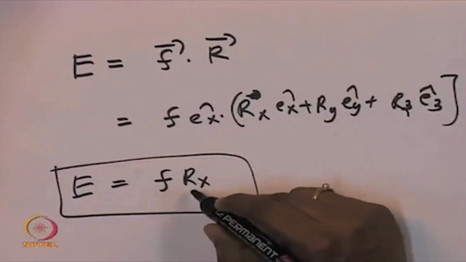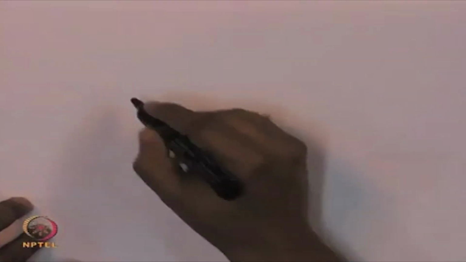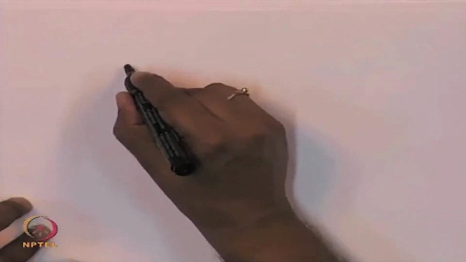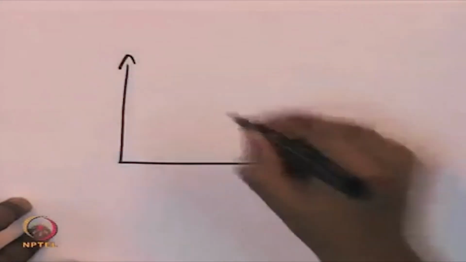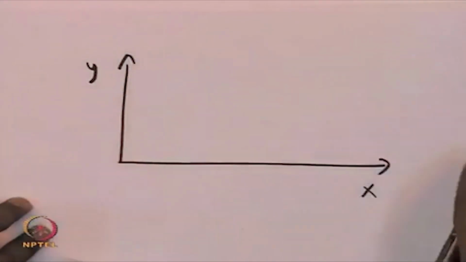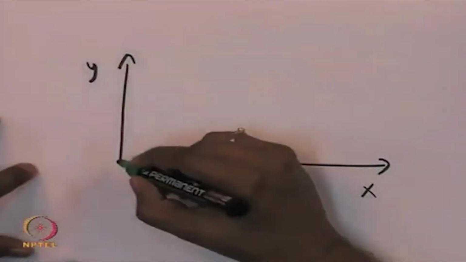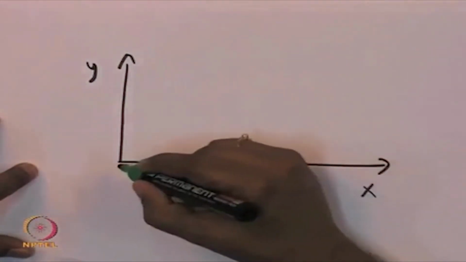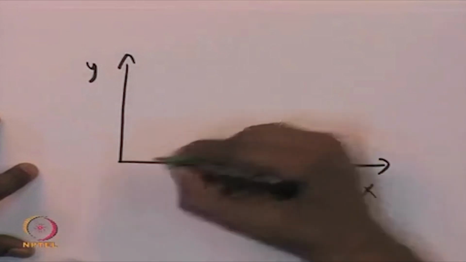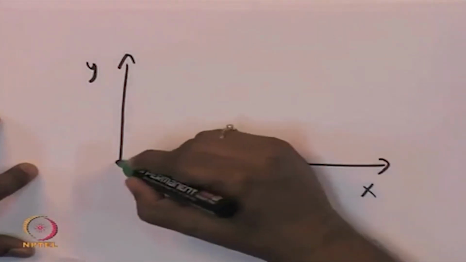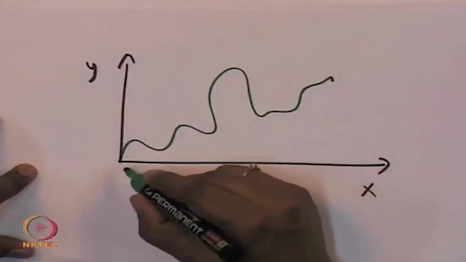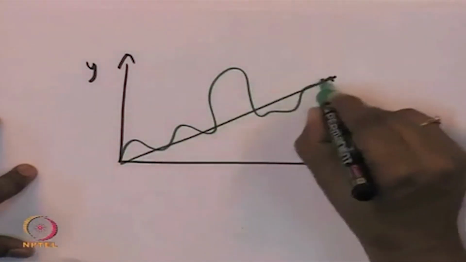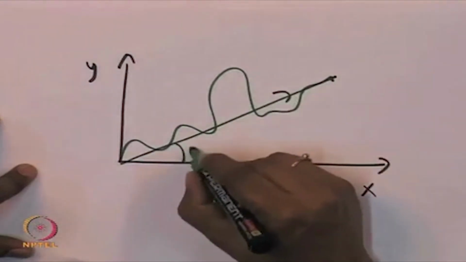Let's imagine for simplicity that this is our x axis and this is your y axis, and imagine that the DNA is in this particular direction, and this end to end distance will have some vector r, and the angle is theta.